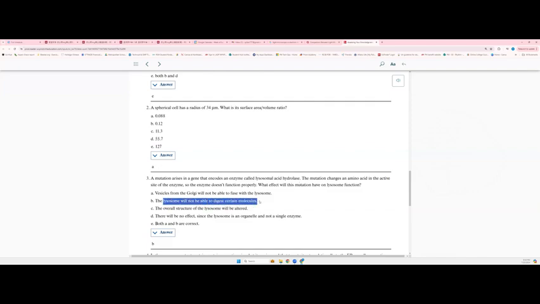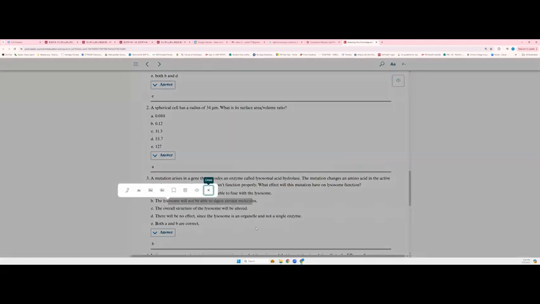Now it doesn't work anymore, so it cannot digest the molecule. This hydrolysis cannot happen. So that is B, right?